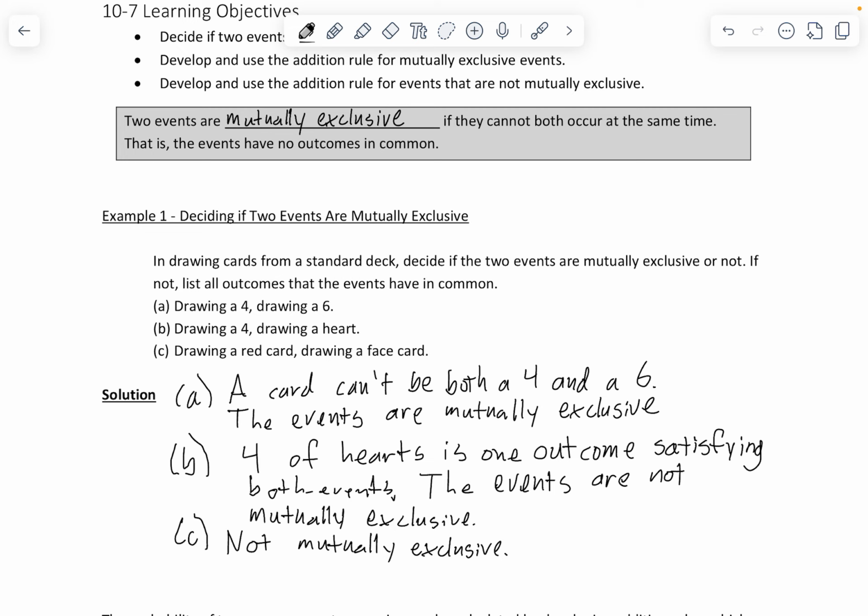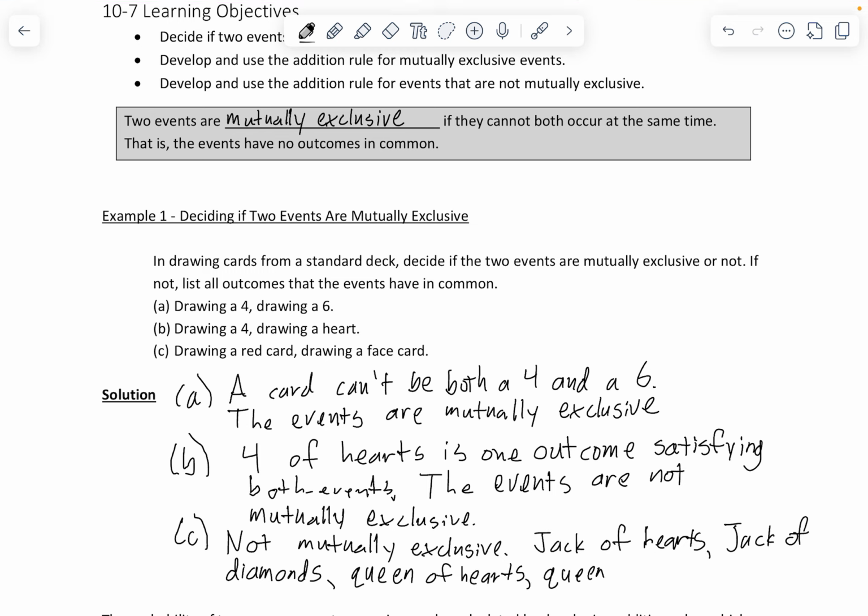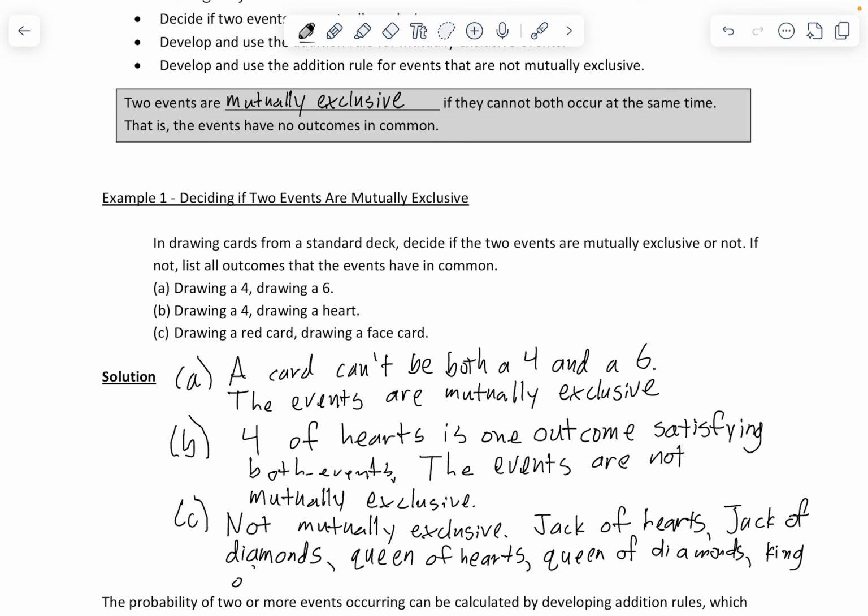For example, you could get the Jack of Hearts, the Jack of Diamonds, Queen of Hearts, Queen of Diamonds, and then King of both, King of Hearts, King of Diamonds.